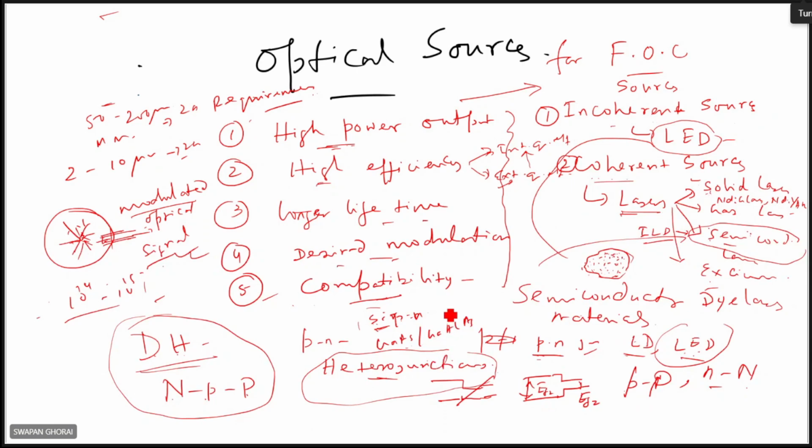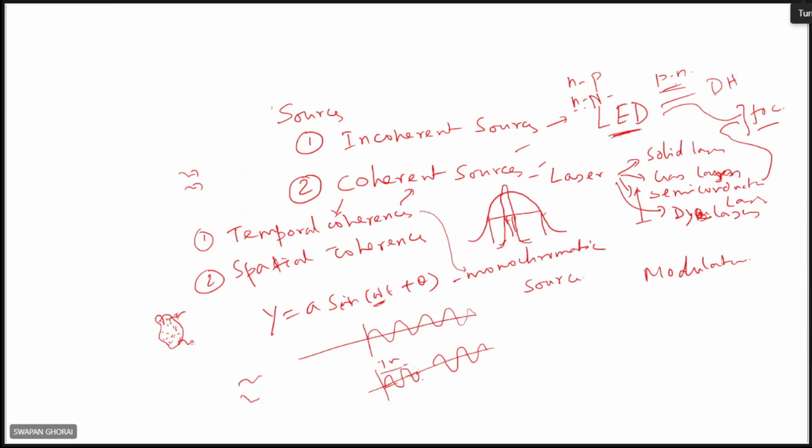We'll see details about it. Something more about sources: the conventional sources are incoherent sources, but we'll focus on LED because you can easily modulate its output beam. That's why it is widely used in fiber optic systems.